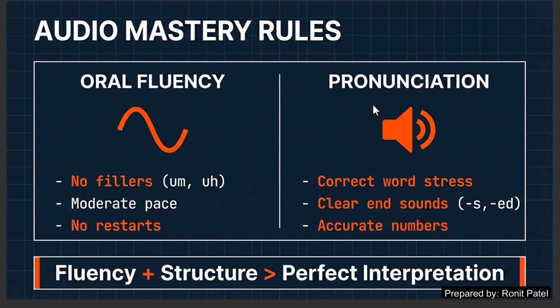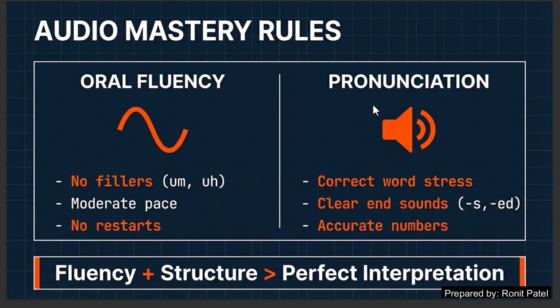This slide focuses on sound quality, which directly affects AI scoring. Oral fluency rules are: no fillers like "um", maintain a moderate pace, and never restart sentences.